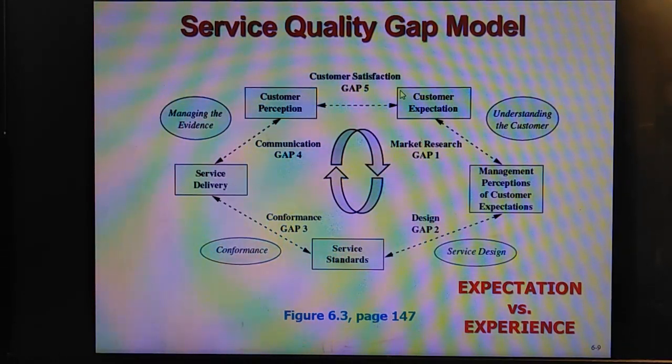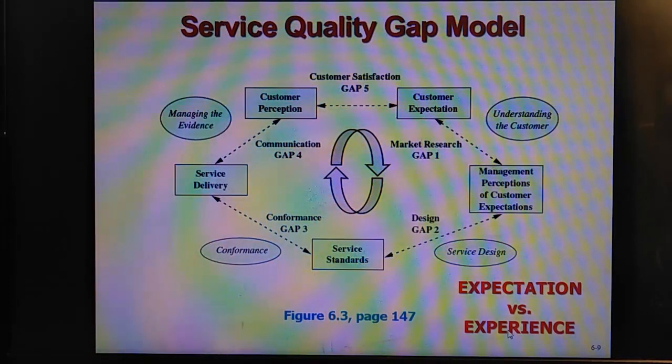The difference between the expectation and the real experience, they call it gap 5, that represents customer satisfaction. What the customer experiences, if it is good and excellent, and it meets the expectation of the customer to be fast, good and excellent, then this gap will be closed. So this is basically explaining the variance or the gap between the expectation and the real experience or perception by the customer.